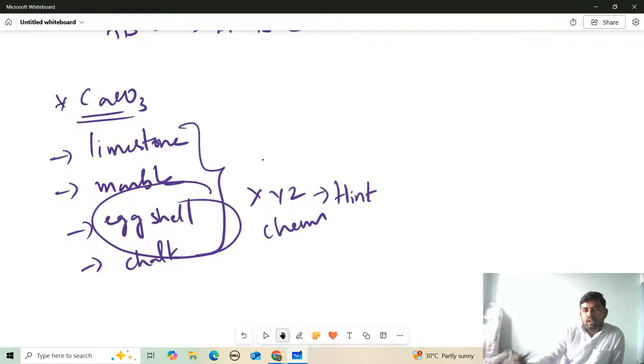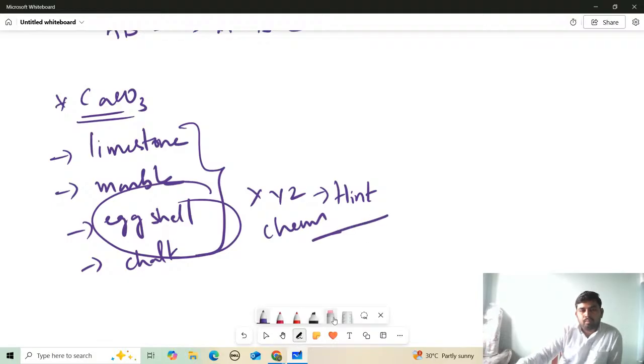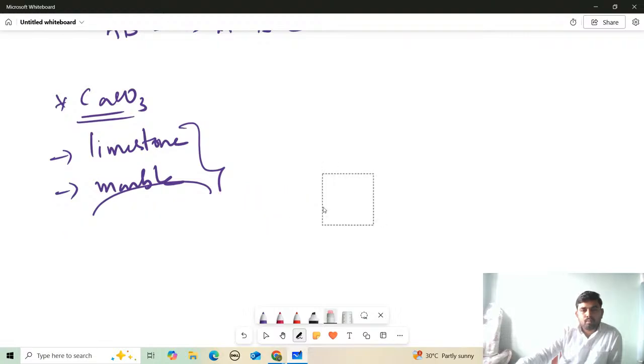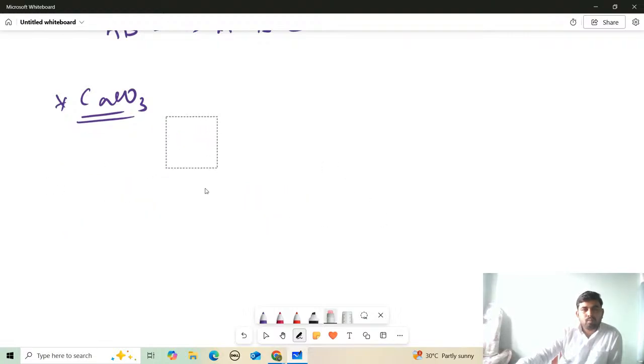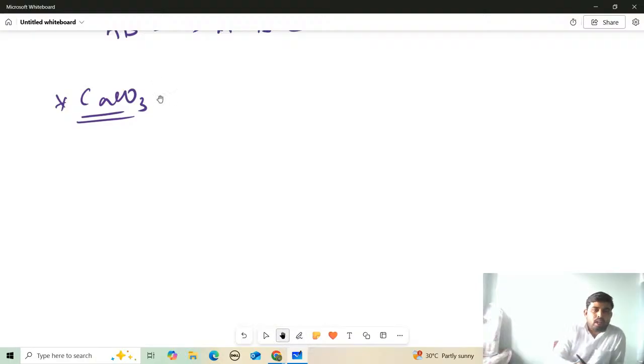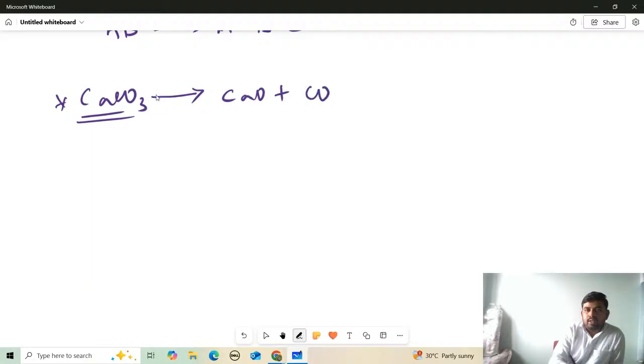So here we are taking calcium carbonate. It produces calcium oxide and CO2 gas.